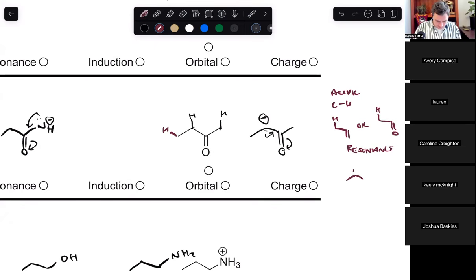Or a hydrogen on an sp3 is less acidic than an sp2 or an sp. So looking at triple bonds is often another tell, or the hydrogens next to double bonds and carbonyls, right? Because this is orbitals.